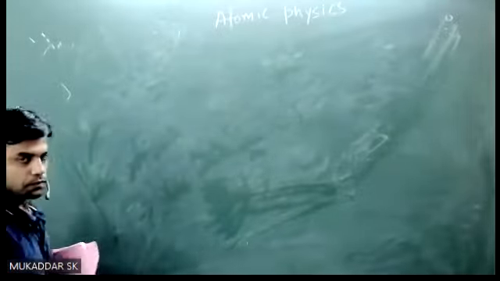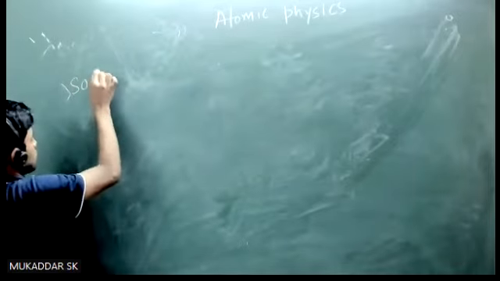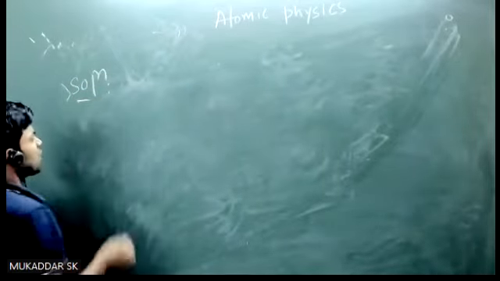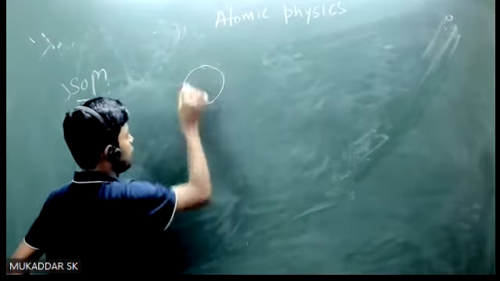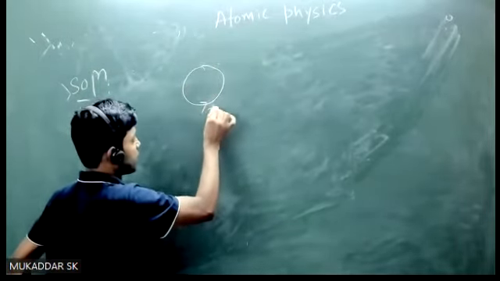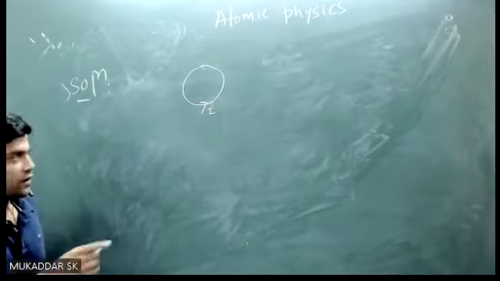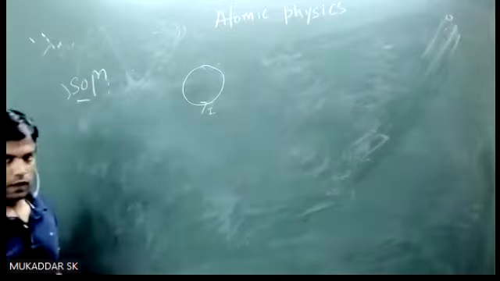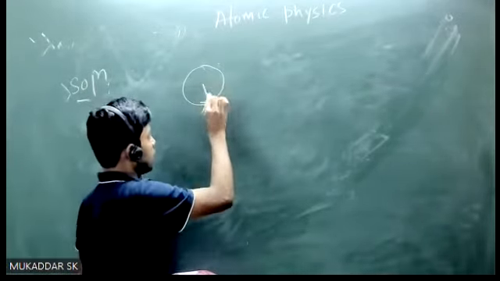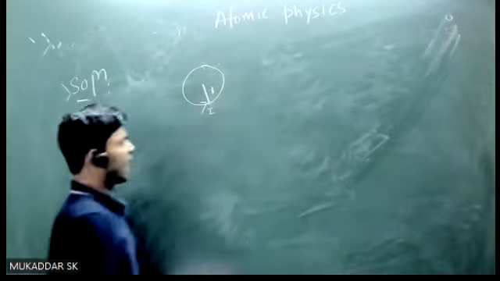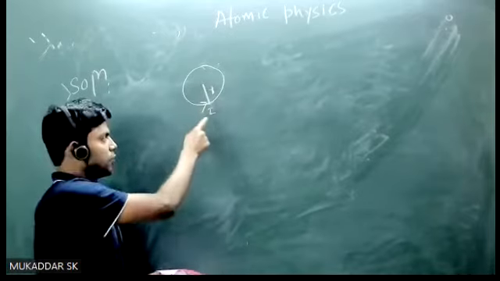So you know, suppose you have a loop carrying some current. Current means there is some flow of charge around this loop. If the radius of this loop is r, then how much is the magnetic field produced at the center due to this current flow?